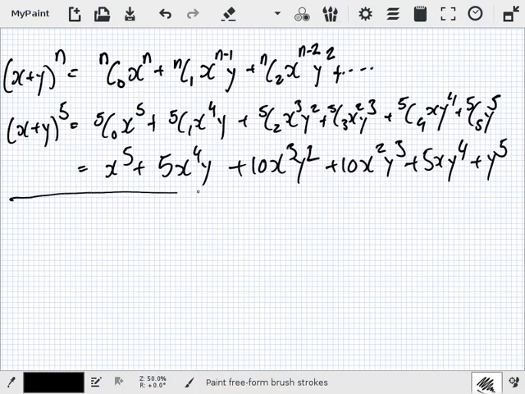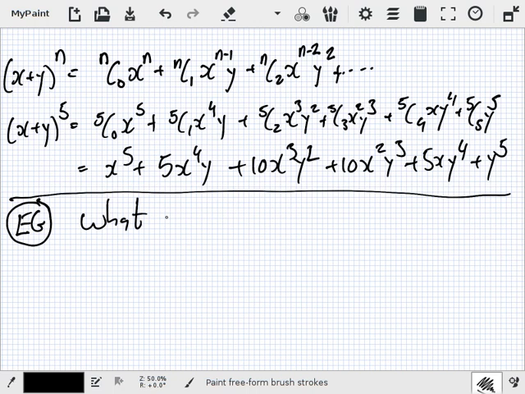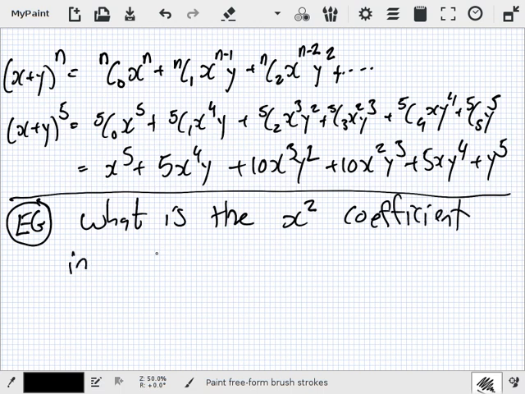So, here is another example. What is the x squared coefficient in (2 - 3x) to the power 4?